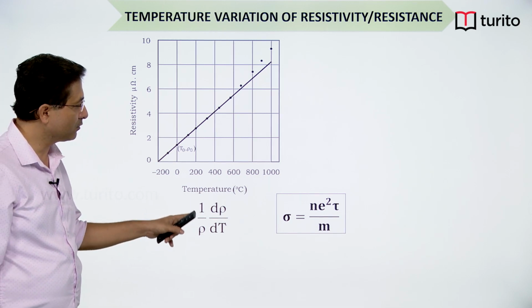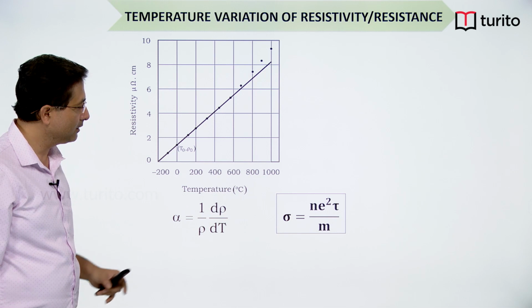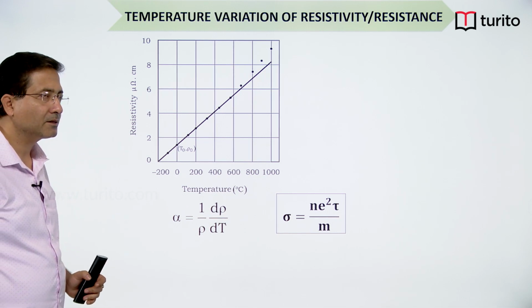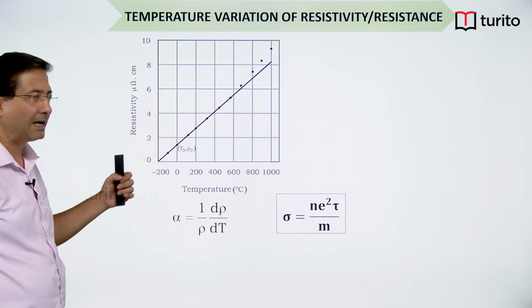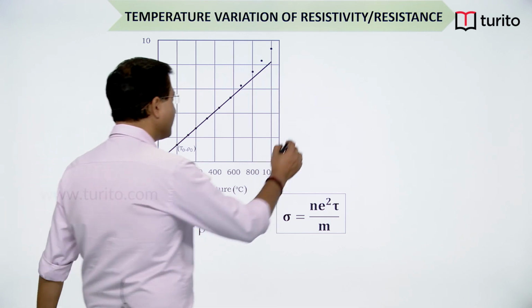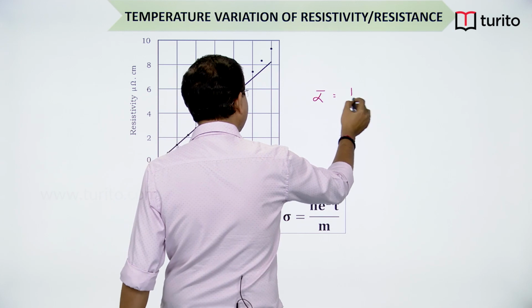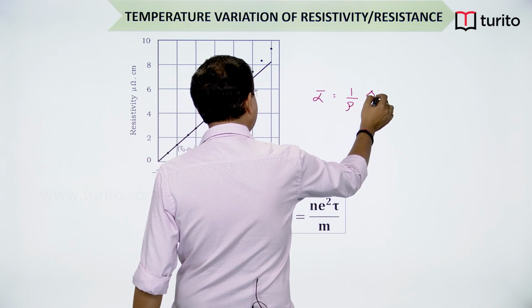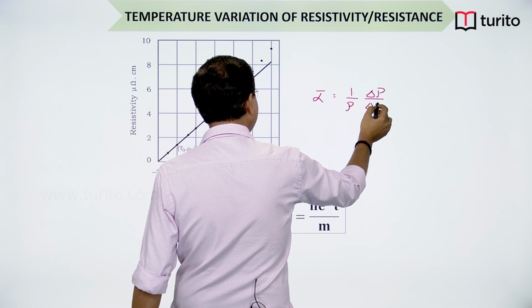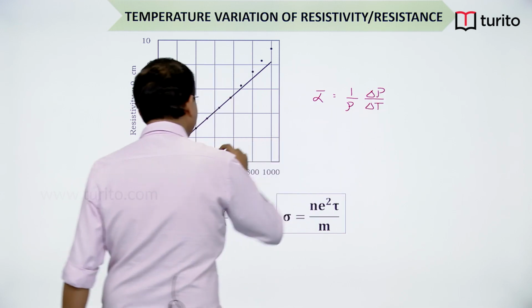So, alpha is equal to 1 upon rho d rho by dT. Generally, what we do is define alpha average. When we are defining alpha average, we write 1 upon rho, delta rho by delta T, for a given temperature range.